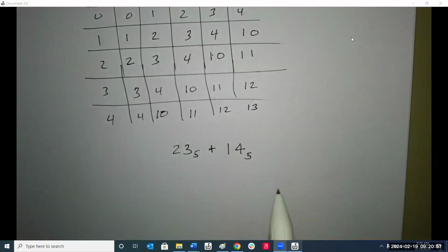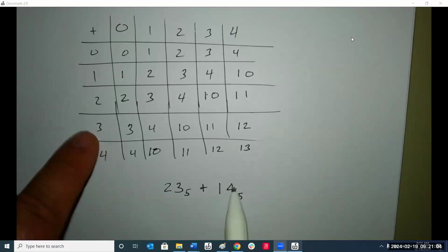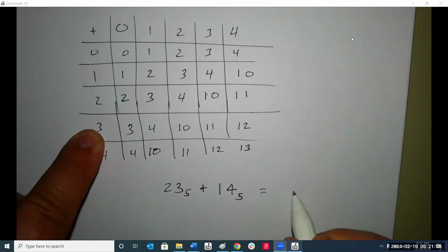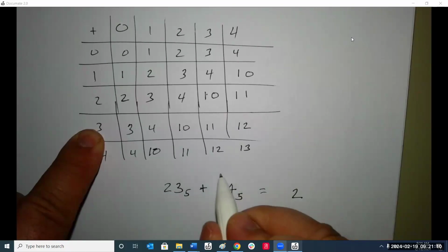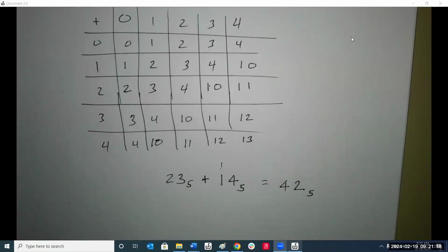So for us to do this addition here, let's look at our chart. 3 plus 4 is 1, 2. So it's a 2, carry the 1. And 2 plus 1 is 4. So our number is 4, 2 base 5.